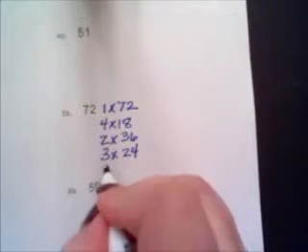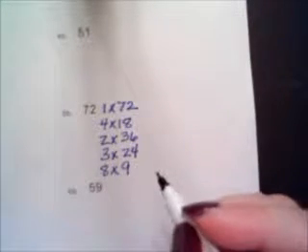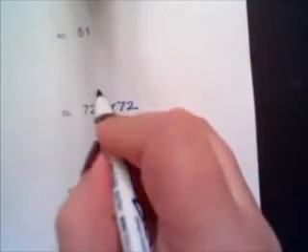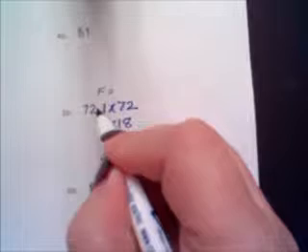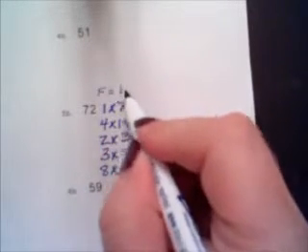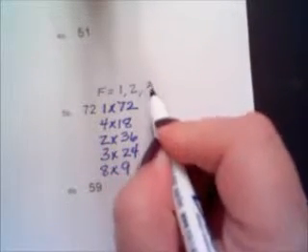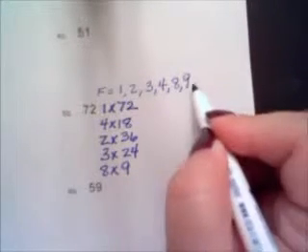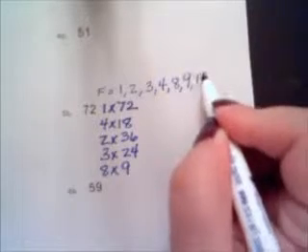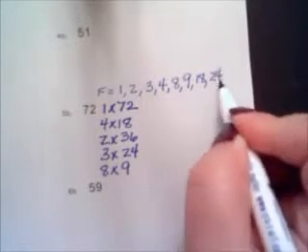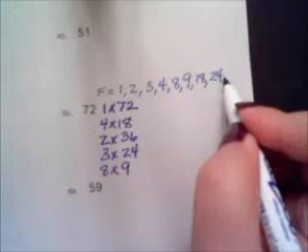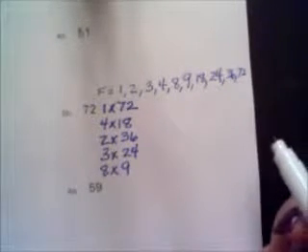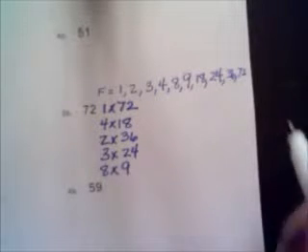And we can multiply 8 times 9. Okay? So our factors for 72 are 1, 2, 3, 4, 8, 9, 18, 24, 36, and 72. Okay? All right.